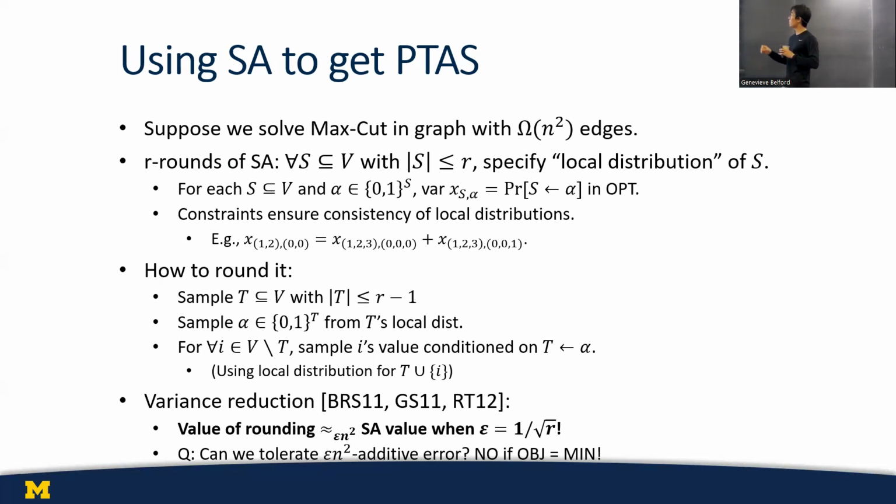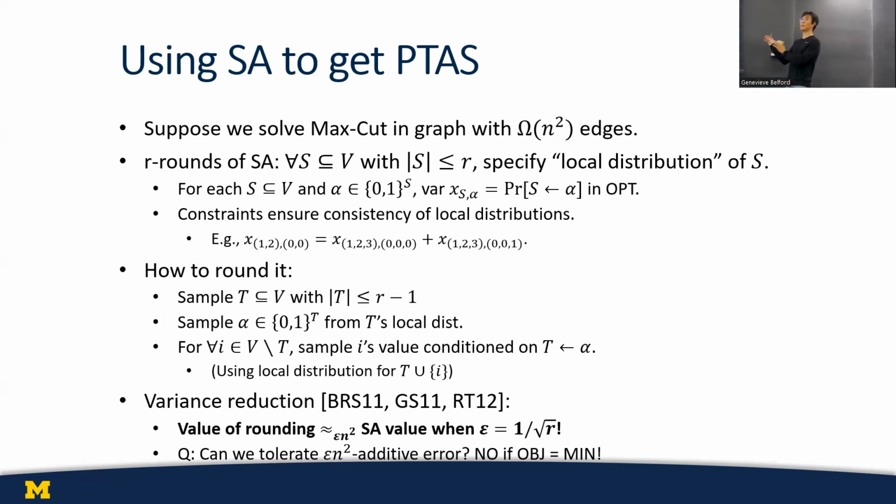But if you talk about the minimization problem, then even an additive error of 1 is devastating, because if the optimal value is 0, then you want to find a solution of value 0. Getting any additive error, let alone epsilon times n squared, is not going to work for our situation. It's a real bottleneck we have to overcome if we want to say anything about the minimization problem.